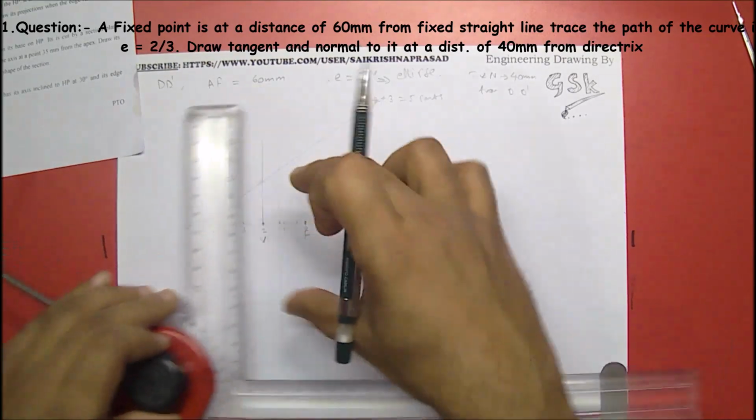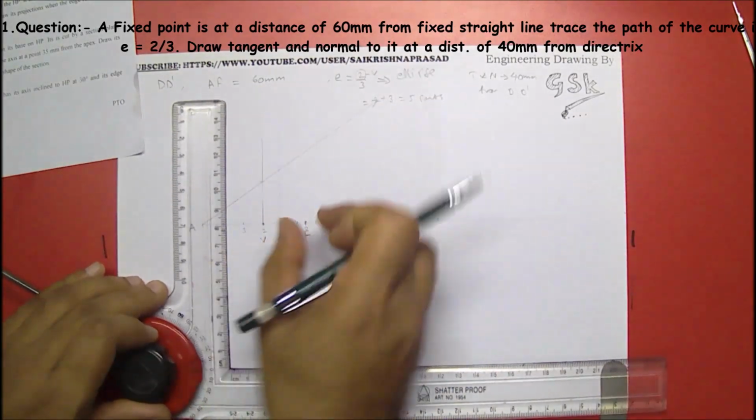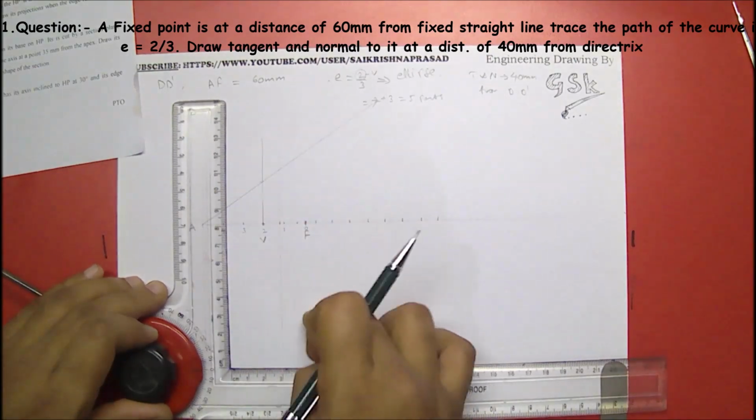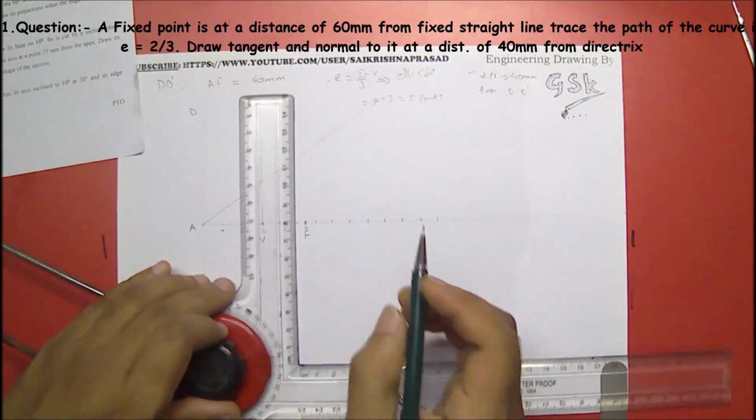If you repeat the same process of measuring the distance from here and keeping it on the focus, we can draw on the same lines. So no need of extra lines.